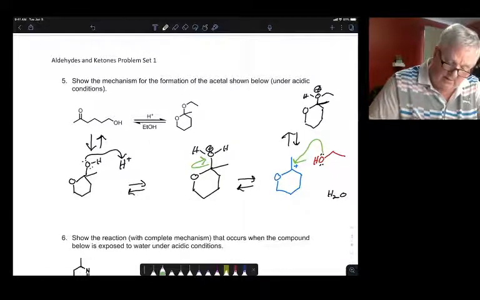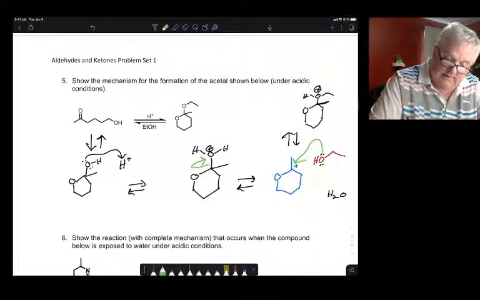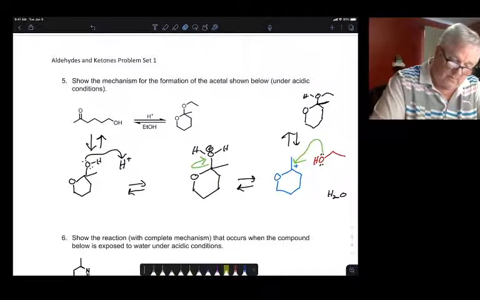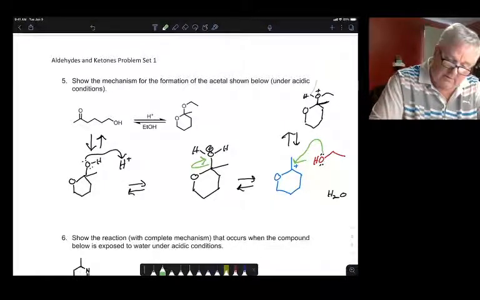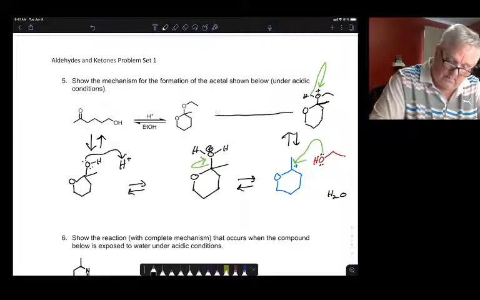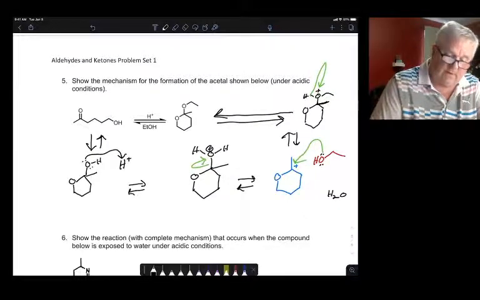Now all we have to do is remove that positive charge. Green arrows are for moving electrons. And there's our final product.